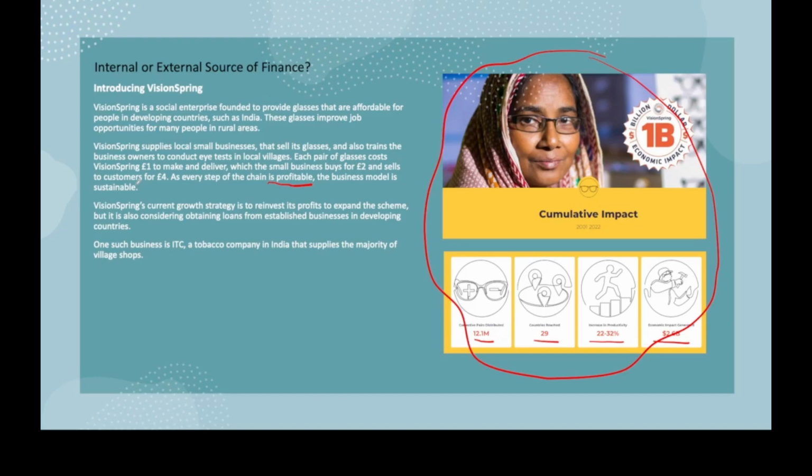So if we're looking down here, the current growth strategy is to reinvest its profits. Okay, internal or external? Well, clearly it's internal, to expand this, but it's also considering loans. Now there we're then thinking, where do loans come from? Well, loans could come from banks.